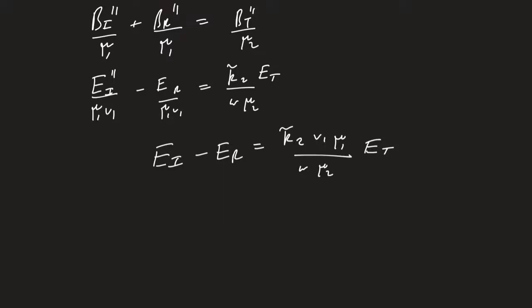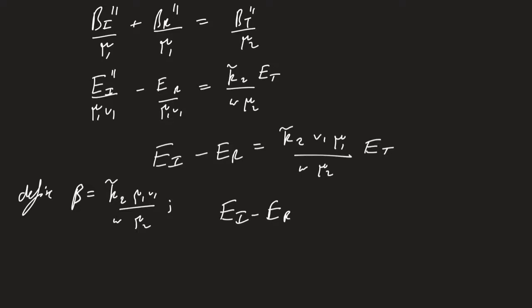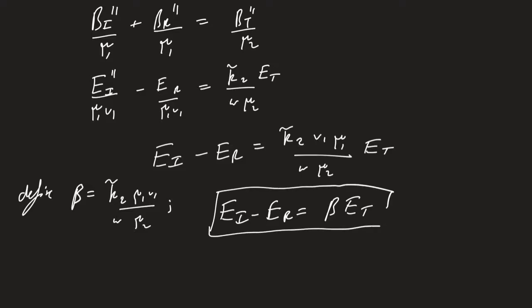So if you define beta to be equal to K2 tilde mu1 V1 over omega mu2, then EI minus ER becomes equal to beta times ET, and we will call this equation 2.